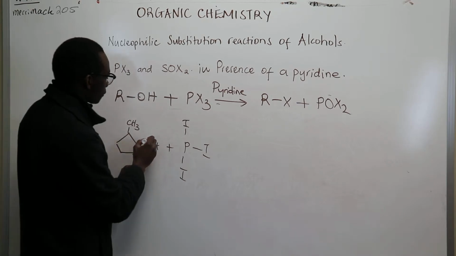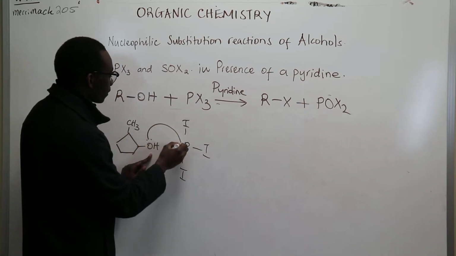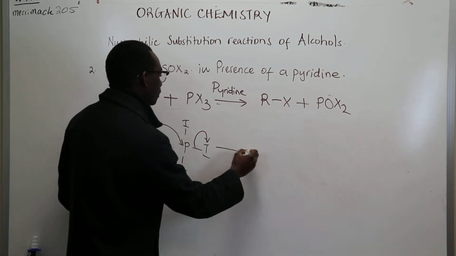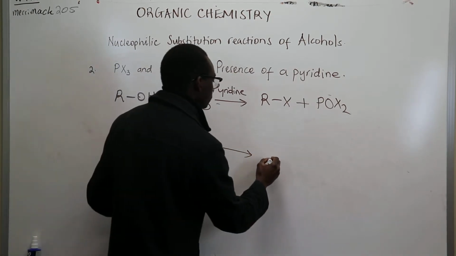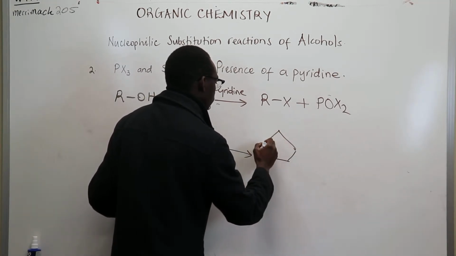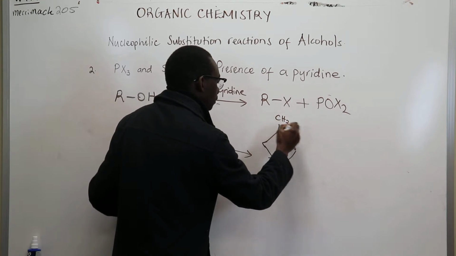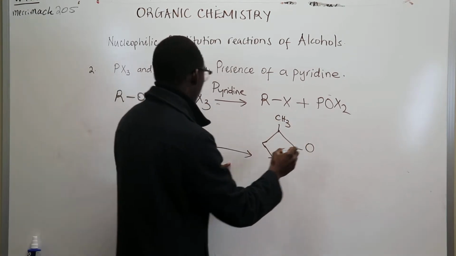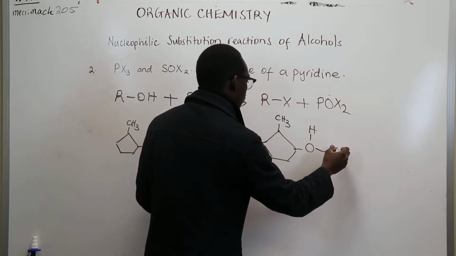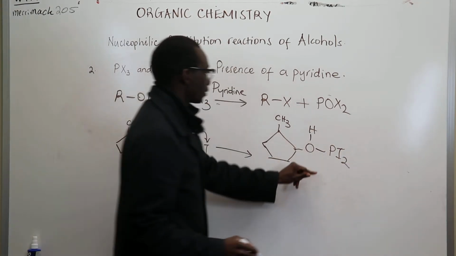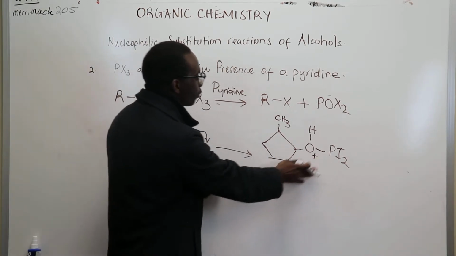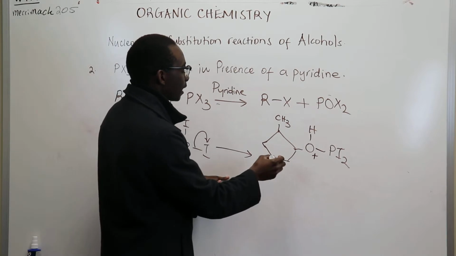So again, oxygen has a lone pair of electrons, binds to the phosphorus, one of the iodine atoms breaks off, then we shall form the intermediate with OPI2.